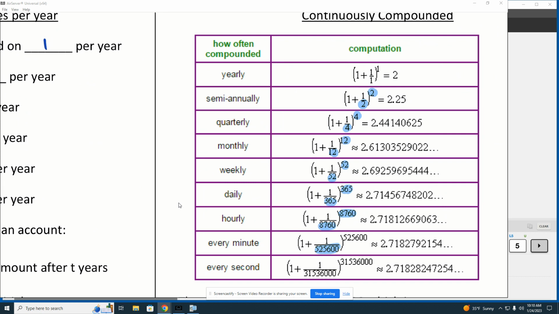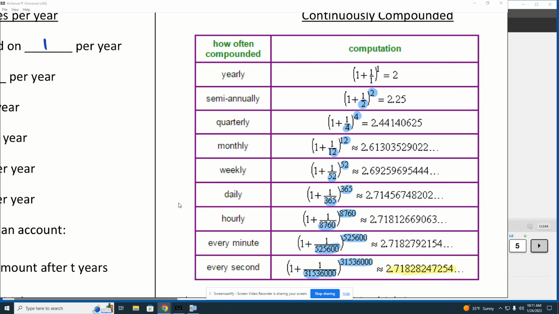Every minute would be 525,600. Guys, do y'all notice as we compound these things more often, what the number is moving towards? Does that number look familiar to you? Anybody? E. This is what I was saying about E.